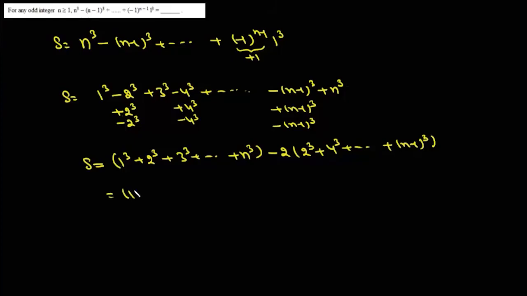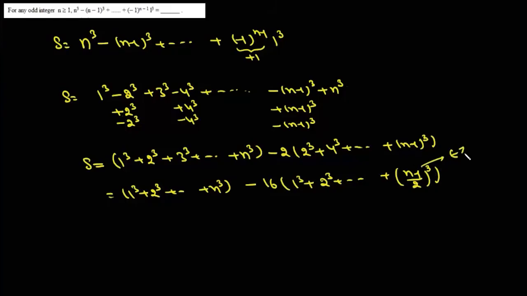Now we can write this as 1 cube plus 2 cube up to n cube, and here we'll take 2 cube common, so there will be 16, and here we'll have 1 cube plus 2 cube up to n minus 1 by 2 whole cube. Now since n is odd, n minus 1 upon 2 is an integer, so there is no problem using this value.